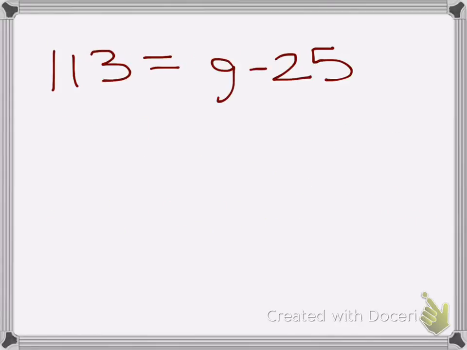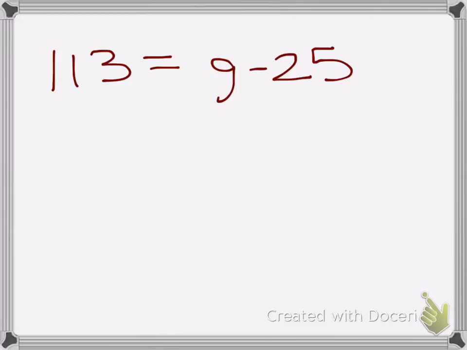So, this one we are asked to solve. Whenever we're asked to solve an equation, we're always trying to get the variable by itself, and when we're trying to get the variable by itself, we're trying to cancel out what's on the side with the variable.